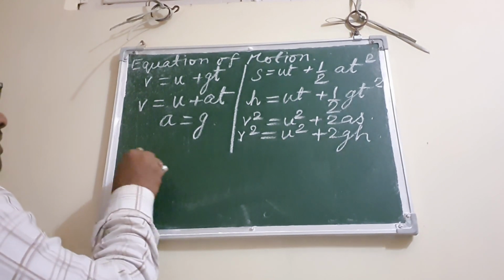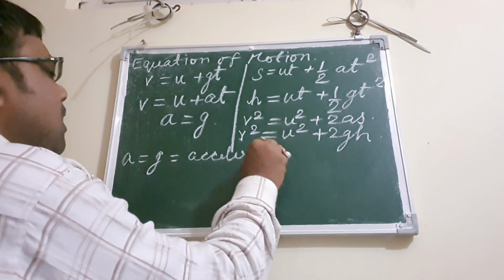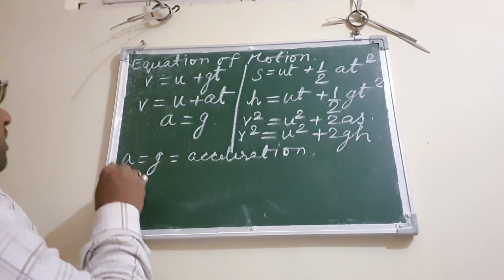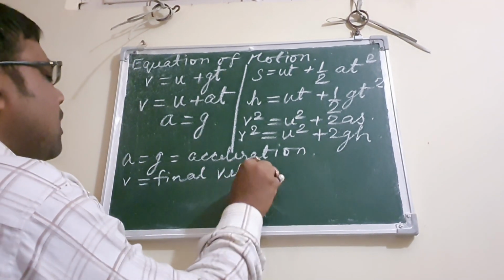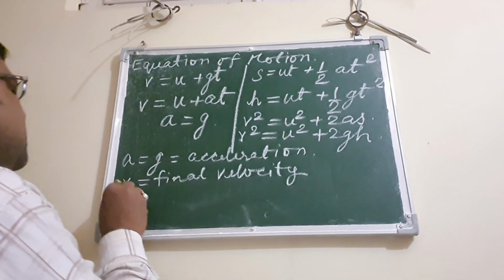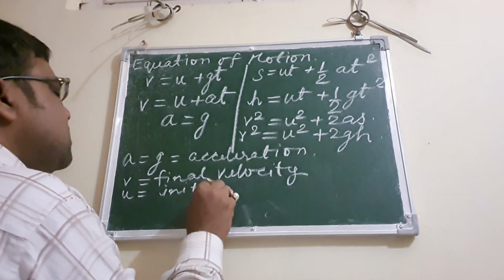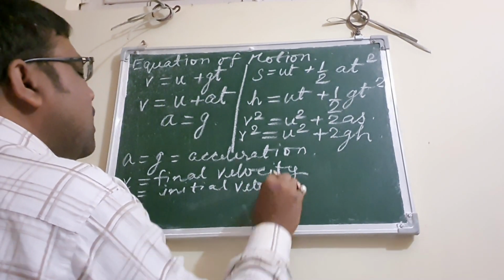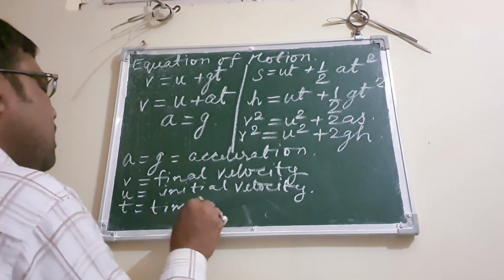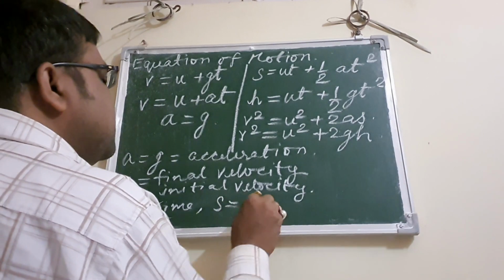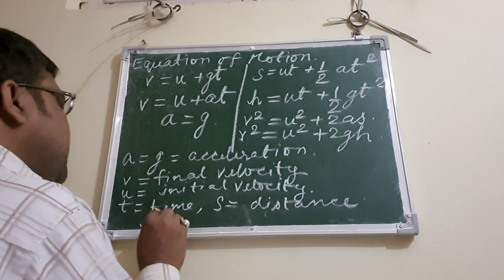Here a is equal to g, the acceleration, v is the final velocity, u is the initial velocity, t is time, and s is distance, which in terms of gravity is height.